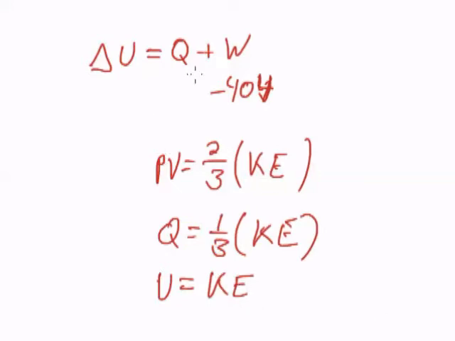But it should be that the amount of heat inside the gas is increasing, the amount of internal energy in the gas is increasing, and the energy added to the gas through work is negative. So this should be positive, positive, positive, positive, negative.